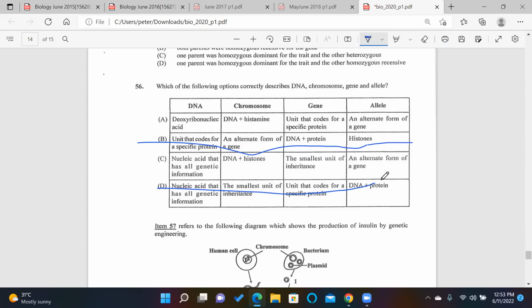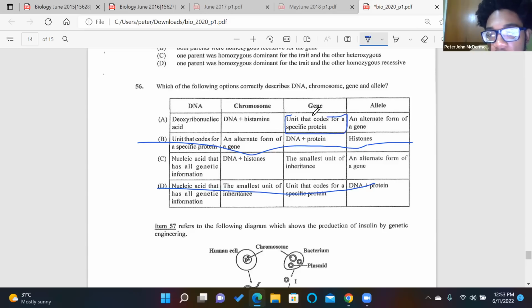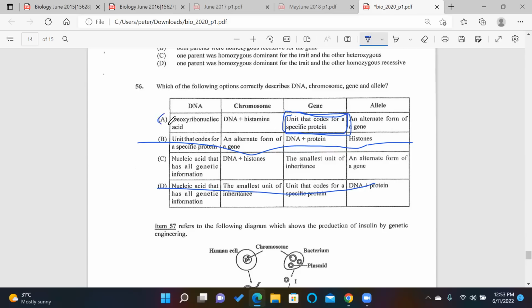The gene that is expressed. No. For a genotype, I said it's what codes for a specific protein or the genetic makeup of an organism. Yes. So the answer for this would be A.